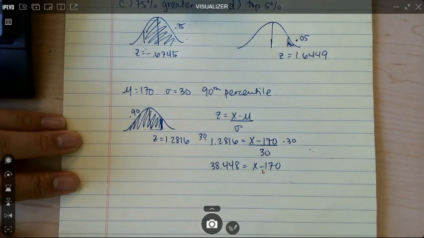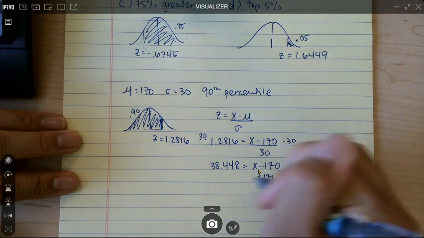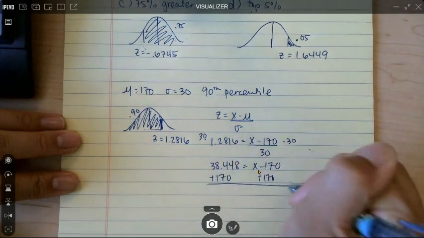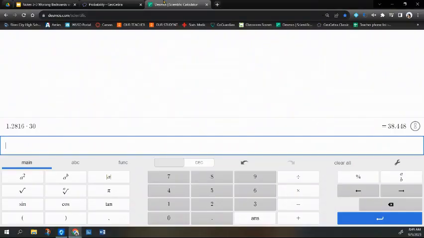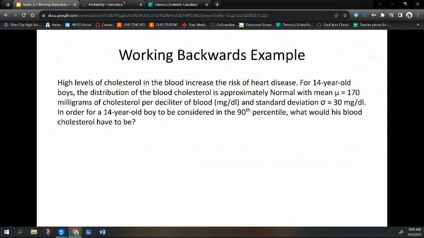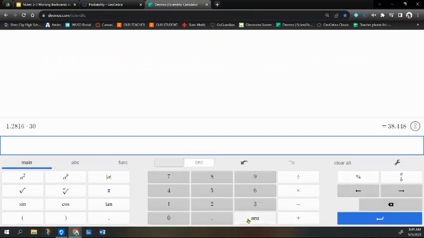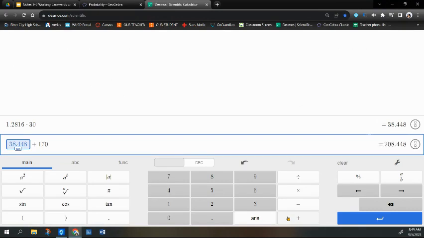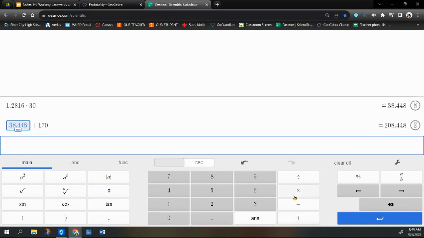Now we add 170 to both sides, which gives me 208.448.